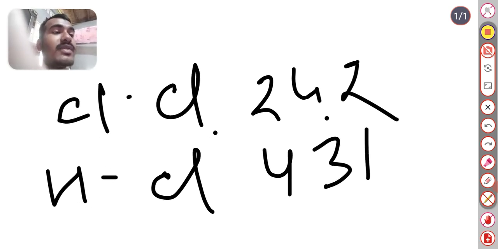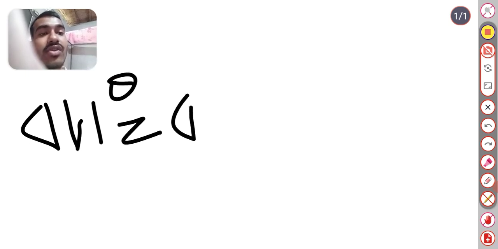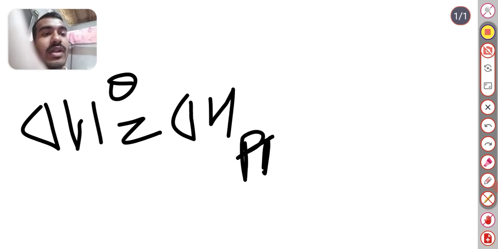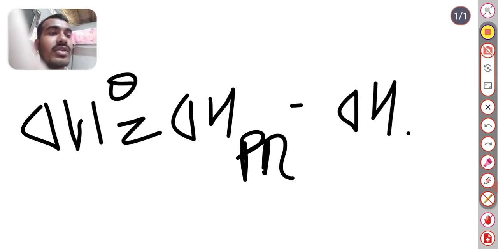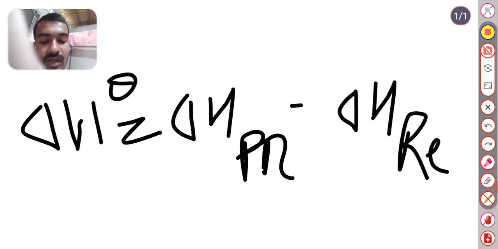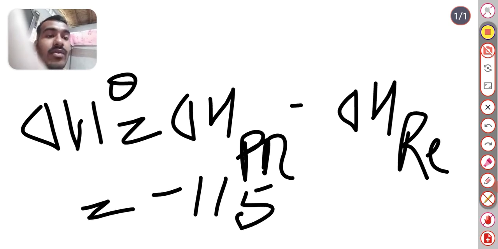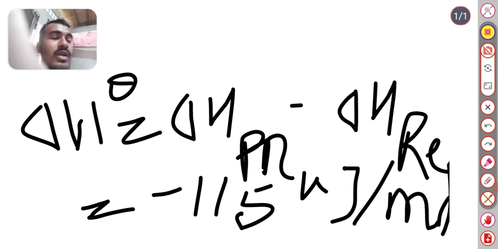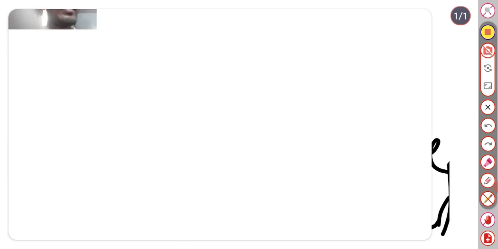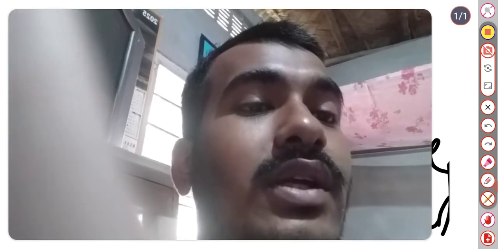So next we just have to calculate. Standard del H is del H of products minus del H of reactants. Ultimately the value found is 1115 kilojoule per mole.